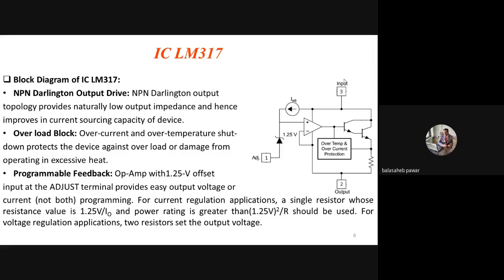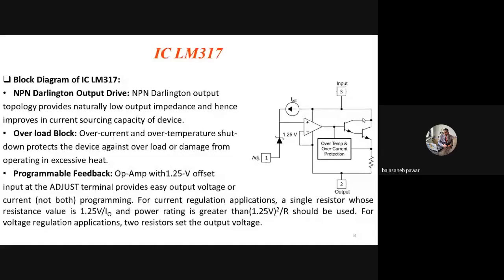By comparing the reference voltage at the adjustable pin with the Zener diode, that is 1.25 volts, this comparator op-amp generates its output, and accordingly the output driver stage has two NPN transistors connected in this fashion, known as a Darlington pair, which improves the current providing capacity, or output sourcing capacity, of this IC, mentioned as 1.5 ampere in its features.